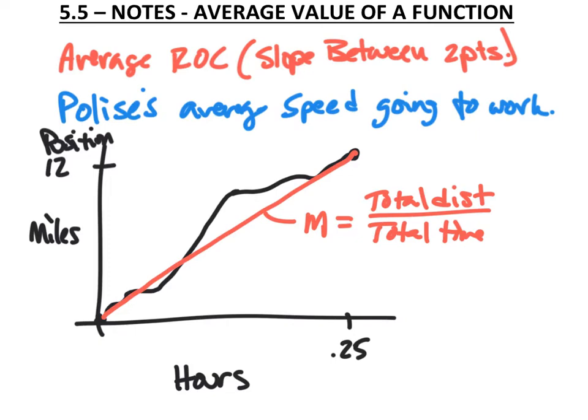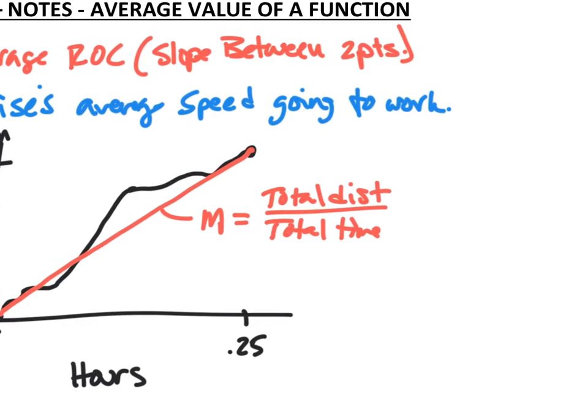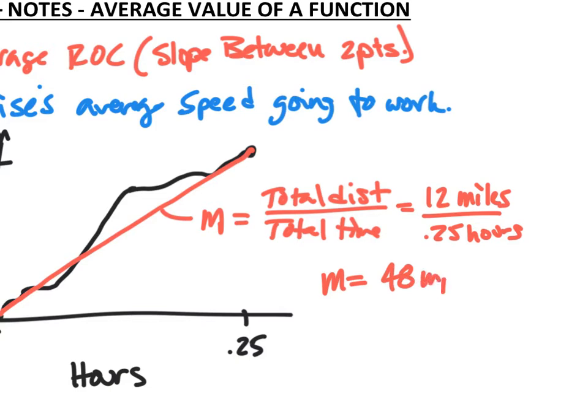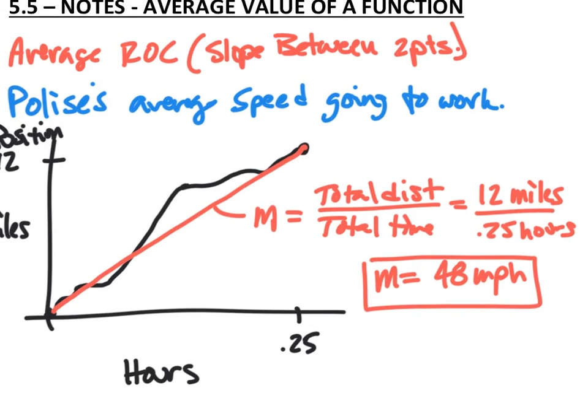And this was the slope between 2 points. And so what we did was we took 12 miles divided by 0.25 hours, and we get an average rate of change of about 48 miles per hour, okay? And that's the total distance divided by the total time, okay?